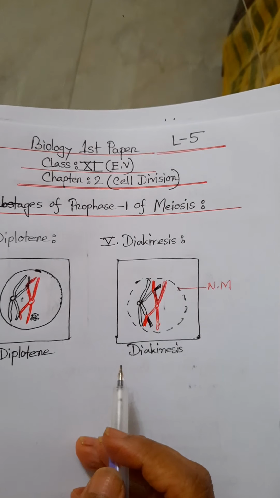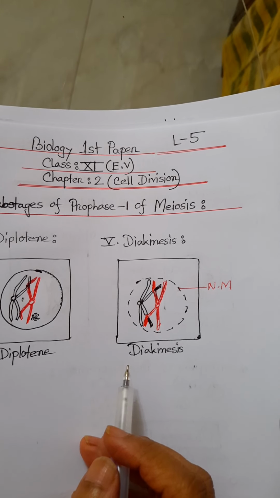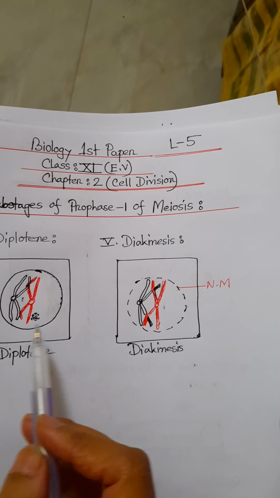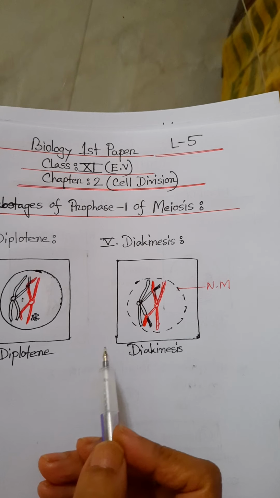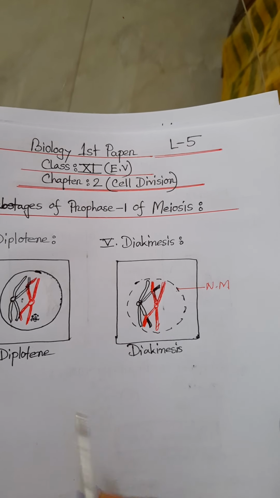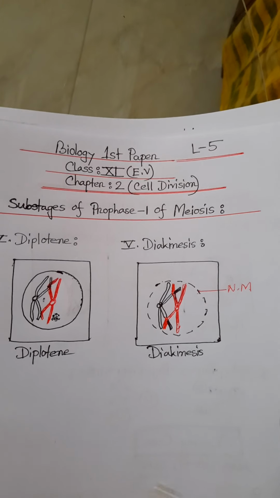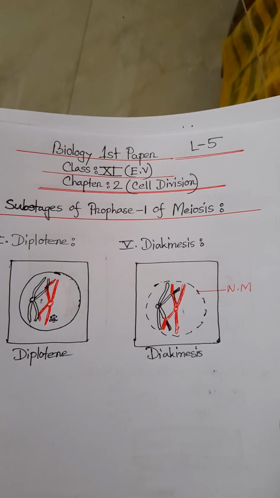In the diakinesis stage, it is very difficult to separate the end of the diplotene and the diakinesis; they are mostly the same. The chromosome becomes further thickened and short.